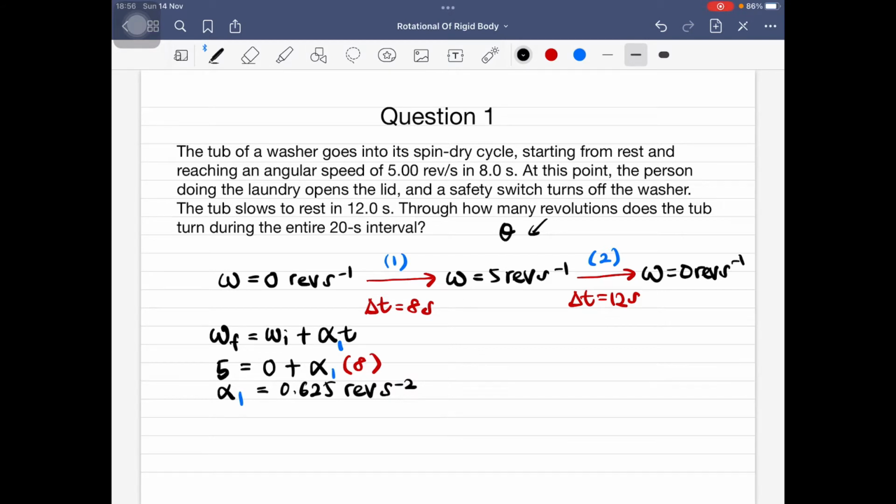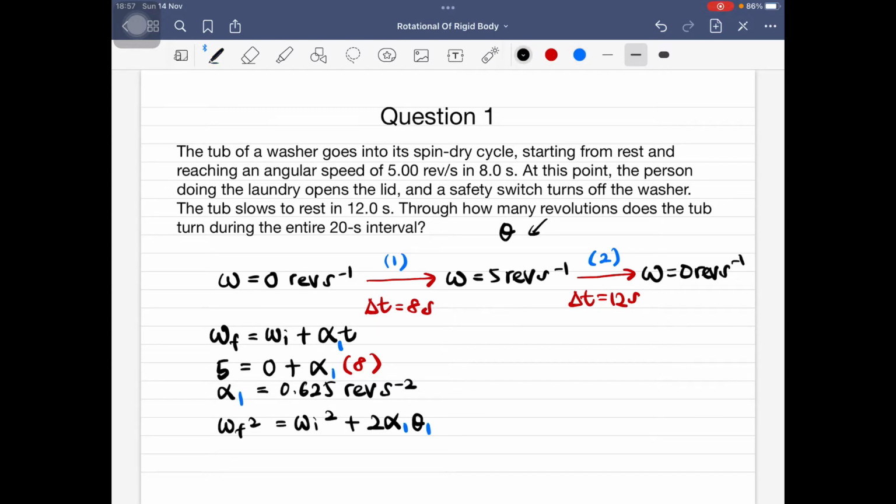Okay, so I'm going to use the second equation, which is omega final squared is equal to omega initial squared plus 2 alpha for the first part, and then we have our theta. And this theta is for the first part as well.